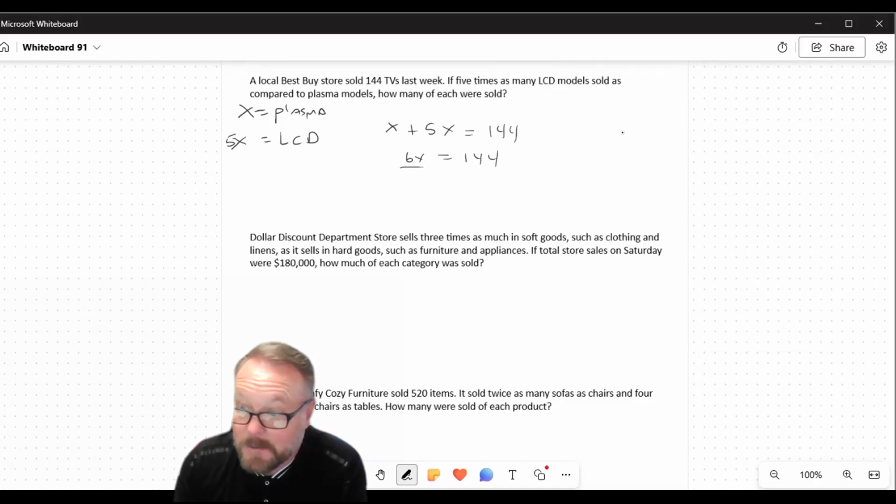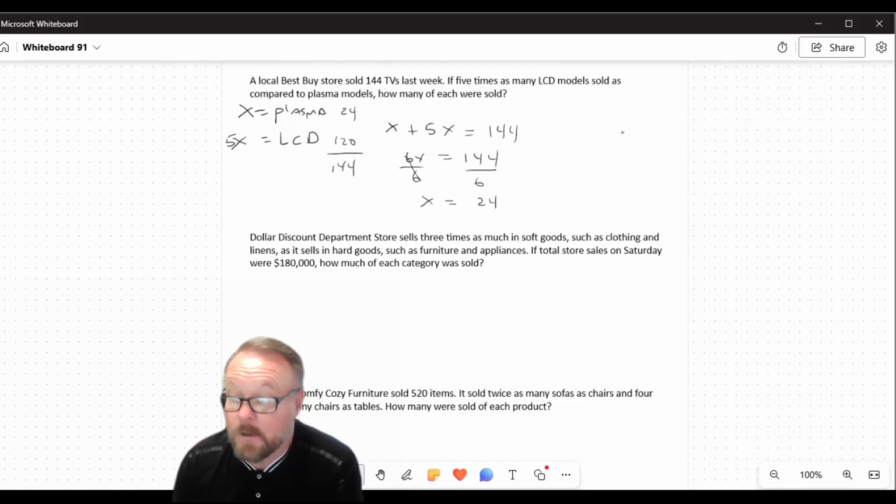And then we just divide both sides by 6 to find out how many plasmas there were. If we divide 144 by 6, it comes out to 24. So we sold 24 plasmas, and then we sold 5 times as many LCD TVs, so that's 120. If you add those together, you get 144. So there, we solved that problem.